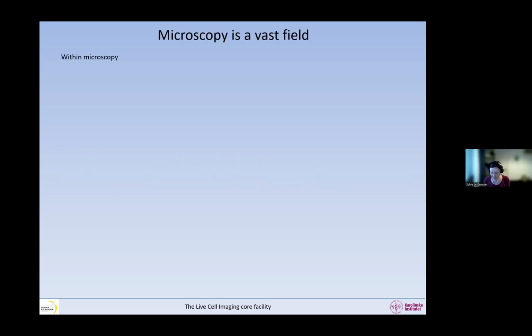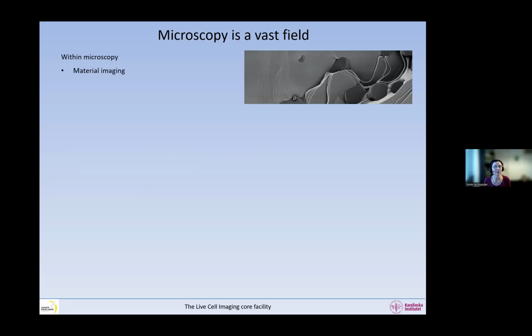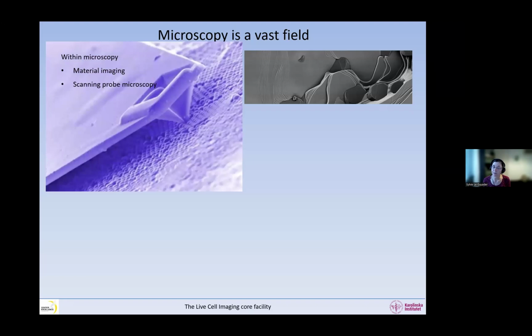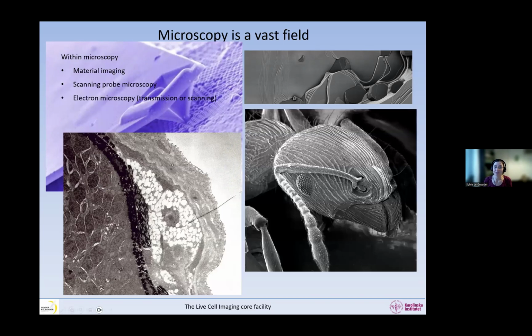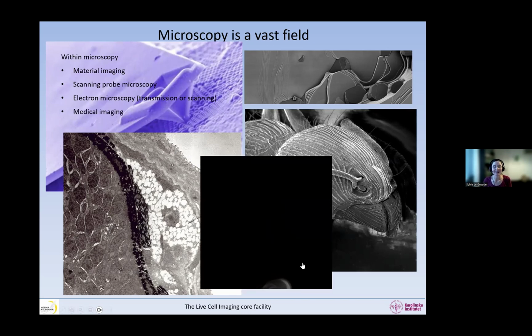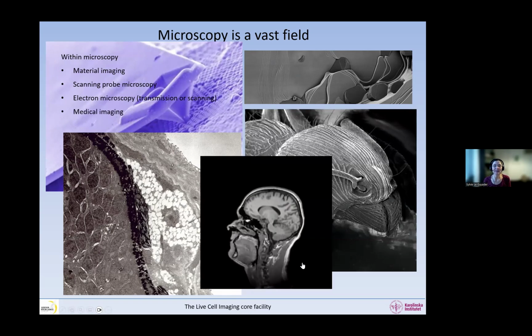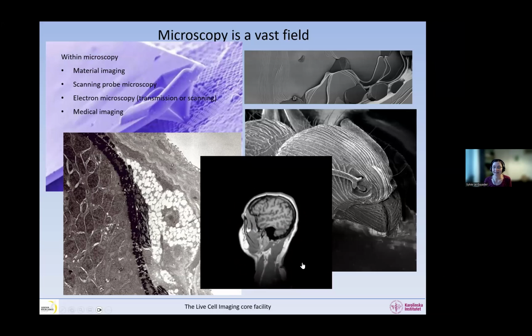Microscopy is a very vast field, and it's a lot more than what we do. For example, we have material imaging that we are sometimes not very aware of. Scanning probe microscopy is another type that also works with light. And we have electron microscopy, which doesn't work with light and has a very high resolution. We also have medical imaging, and clearly this is a very important field.